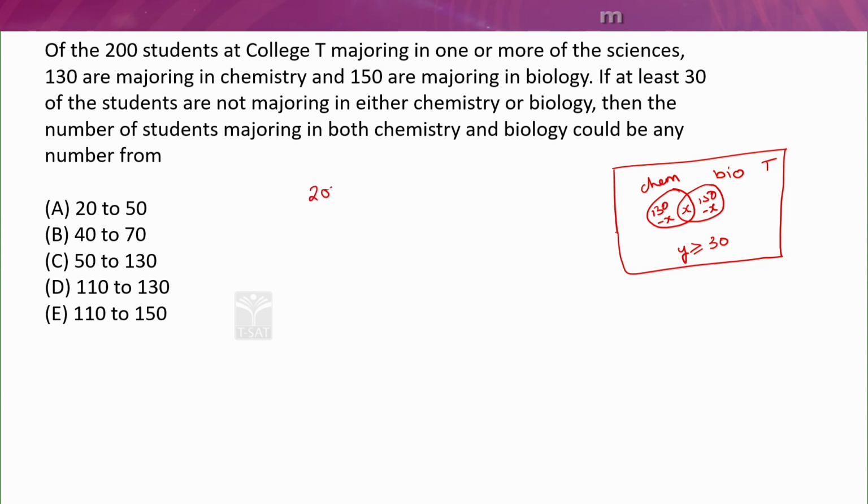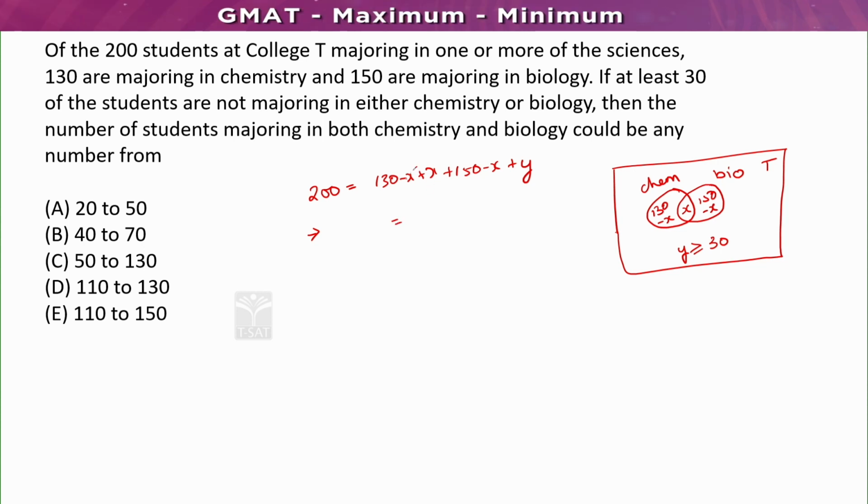So 200 is equal to 130 minus x plus 150 minus x plus y. Which is, 130 minus x plus x gets cancelled, 130 plus 150 is 280, minus x plus y is equal to 200.